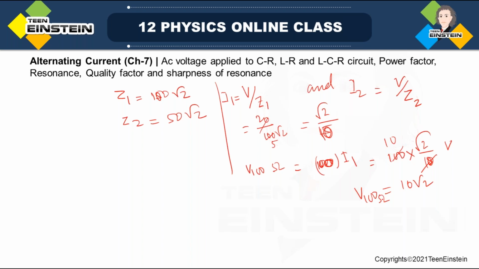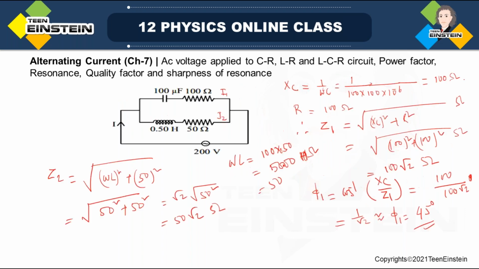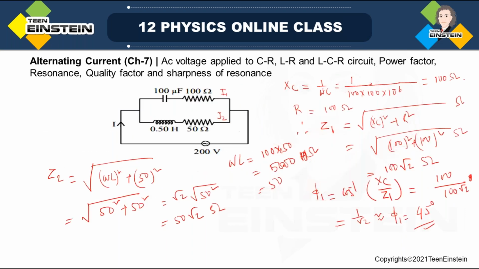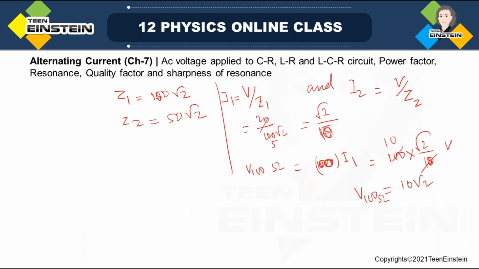So in the options, what was given in the option? Let us look there. It was 10 root 2, yes, this is 10 root 2. Okay, then voltage is actually matching.